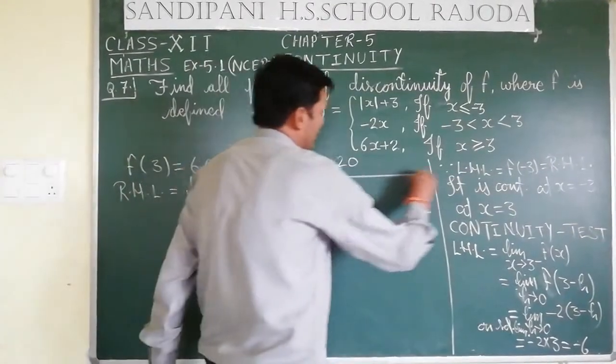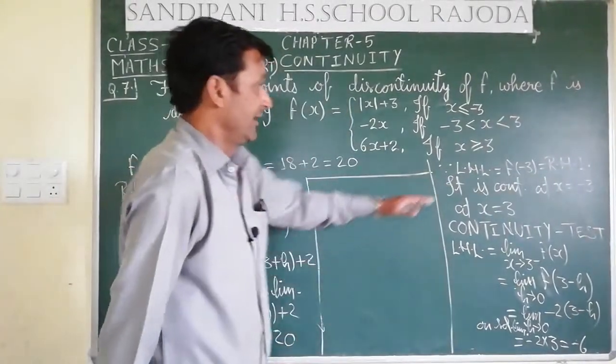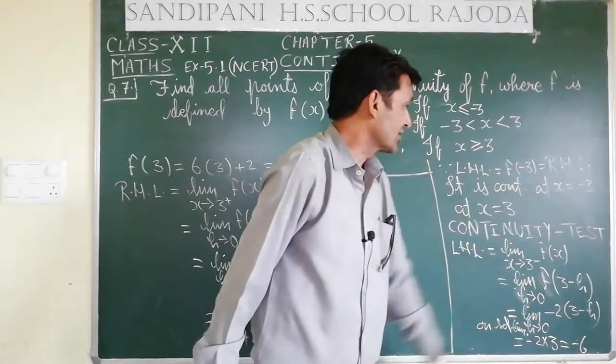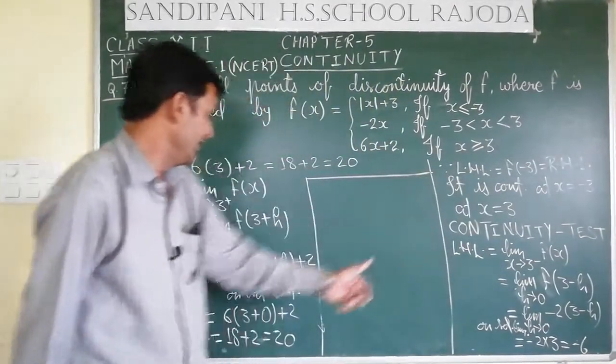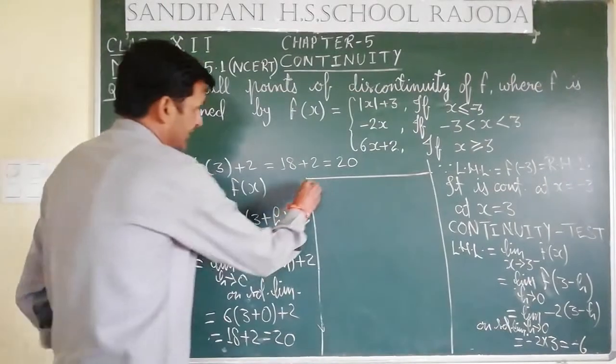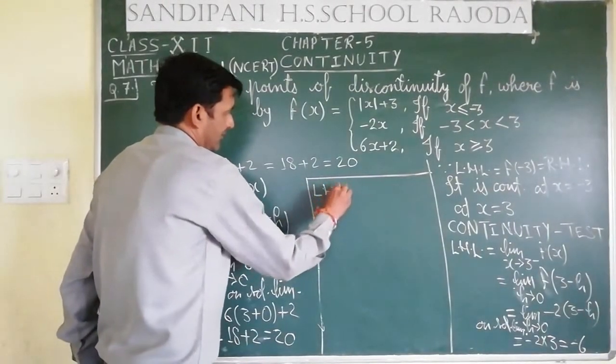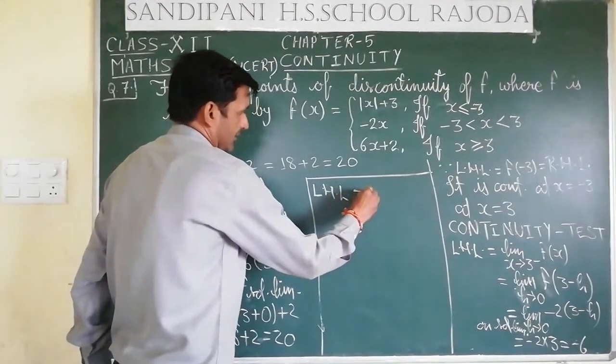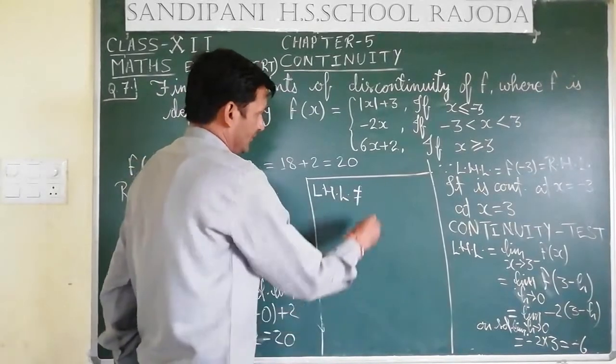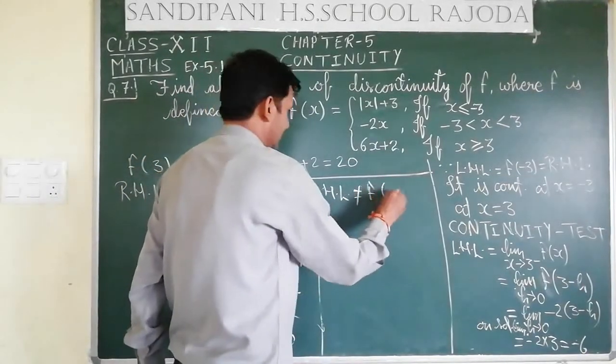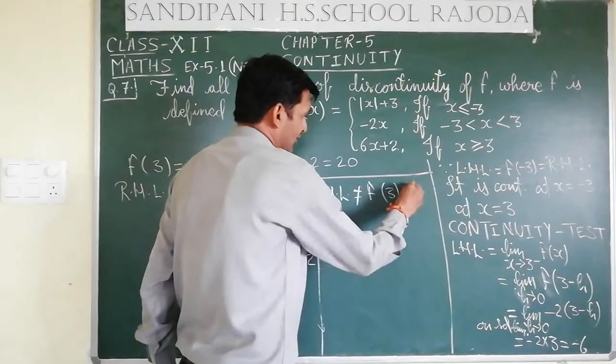Now it is well clear to us that at minus 3 it is continuous, but at 3 the LHL is not equal to f of 3, and f of 3 is equal to the RHL.